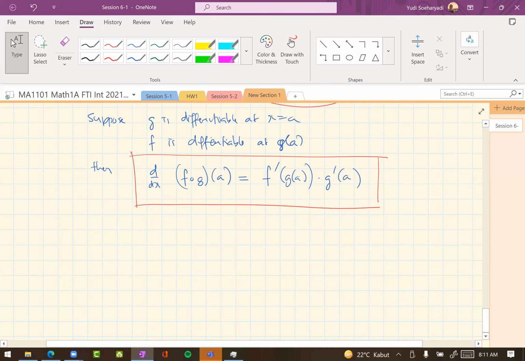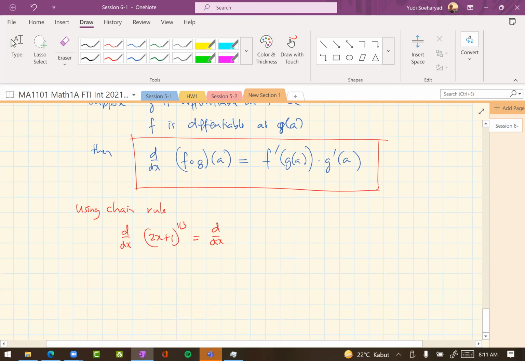Okay, so using the chain rule, remember 2x plus 1.